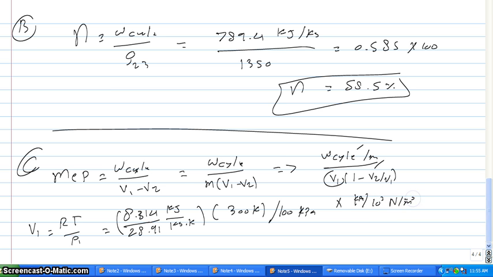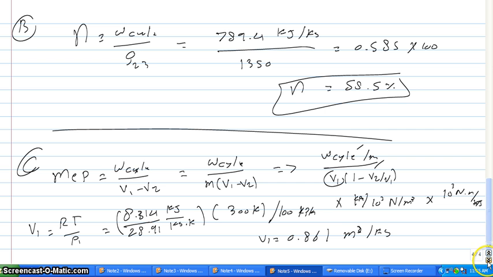I'm trying here to convert it to meter cubed per kilogram, so the units cancel out. I'm going to get v1 equal to 0.861 meter cubed per kilogram.